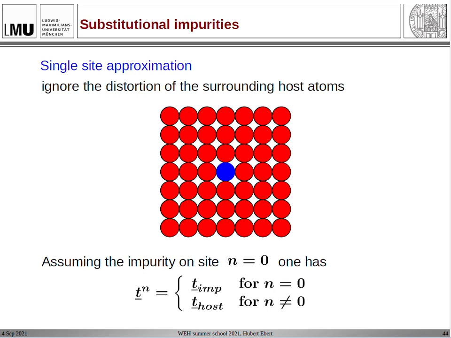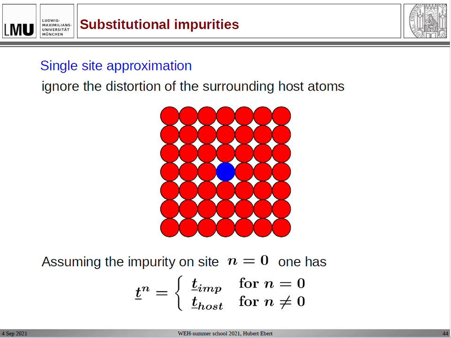Now, the nice thing with the Green's function technique is that you have available the Dyson equation. And the most simple application would be that you have calculated for an ordered solid the corresponding Green's function, and now you replace one of the atoms by another type of atom, the blue one.